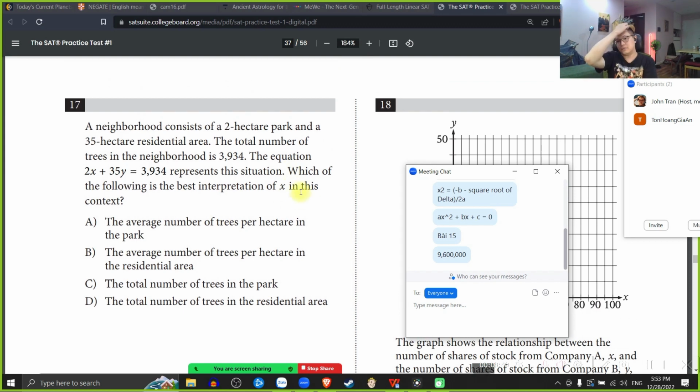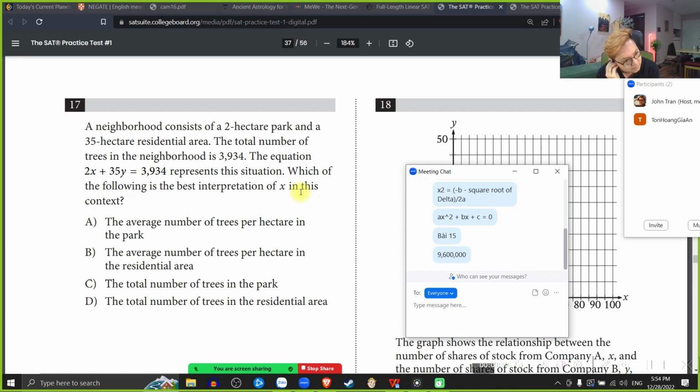Read it, please. Can you? A neighborhood consists of a 2-hectare park. Đọc cho kỹ vô. Trời ơi. 2-hectare park. Mấy âm cuối đâu. Hectare, 2-hectare park and a 35-hectare residential area.